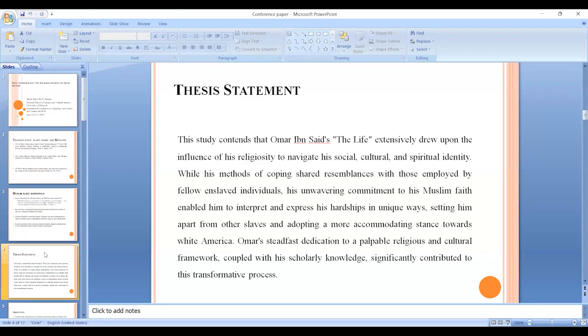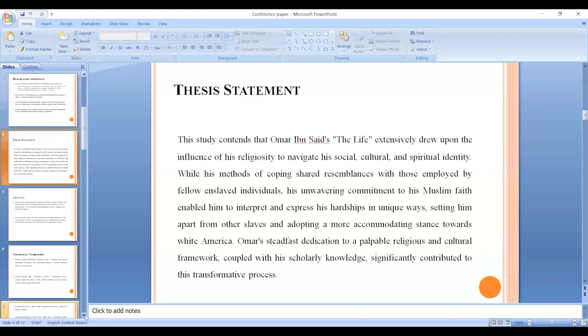And it is Umar's steadfast dedication to his palpable religious and cultural framework which significantly contributes toward this transformative process.